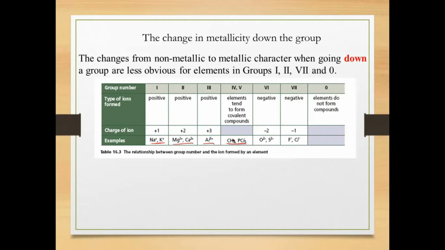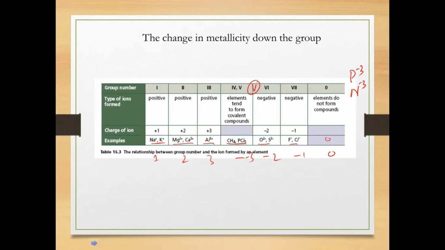Then charges. When we talk about charges, here we have first group +1, +2, +3, then maybe +4 or -4, then -2, -1 and 0. So charge will move like this in the periodic table. And here group number 5 is missing, which may be like -3.